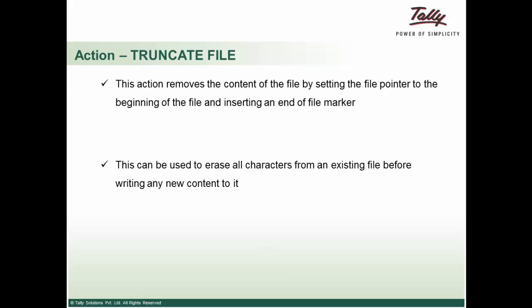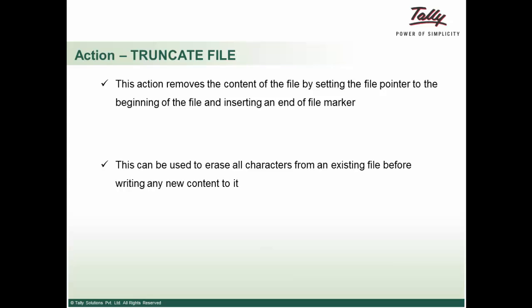Truncate file. This action removes the content of the file by setting the file pointer to the beginning of the file and inserting an end of file marker. This can be used to erase all the characters from the existing file before you start writing the new content.